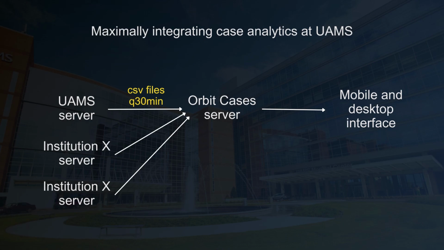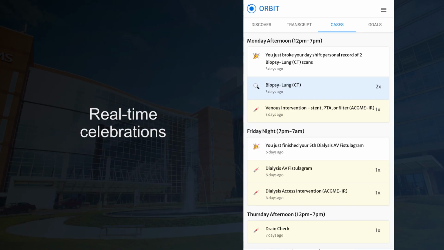Next, the Orbit Cases server processes this data and updates the resident and faculty dashboards nearly 50 times a day. And in this way, residents and faculty have continually updated access to case analytics, including, very interestingly, cross institutional comparisons. So let me show you a few screenshots from the application.